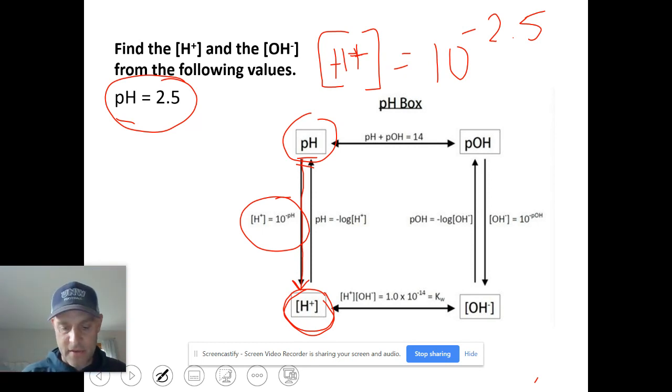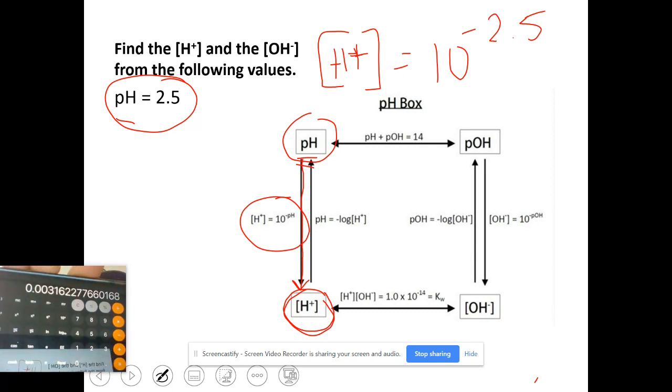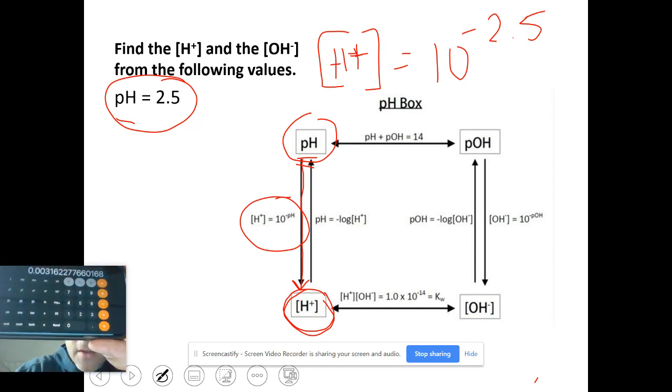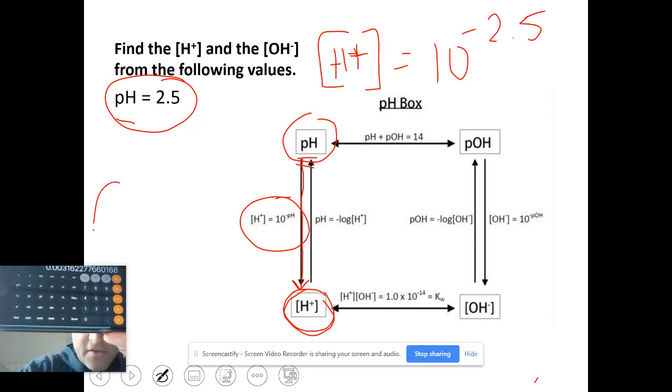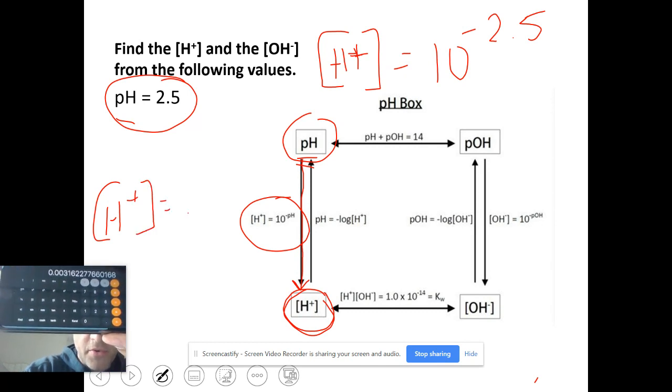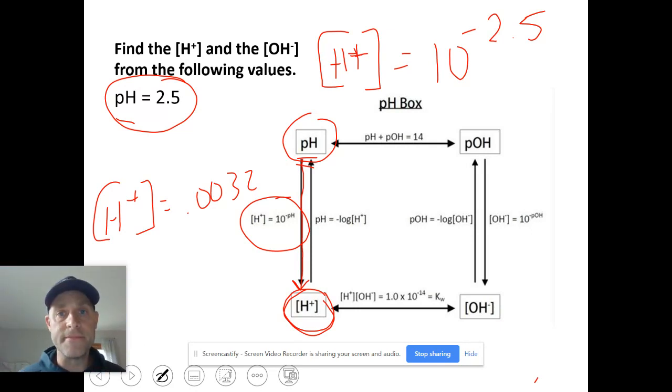Sometimes it doesn't work. Negative 2.5. Nope, that didn't work. Negative 2.5. And this is what I get. So the answer to this question, hydrogen ions, is equal to 0.0032. Done. That's it.